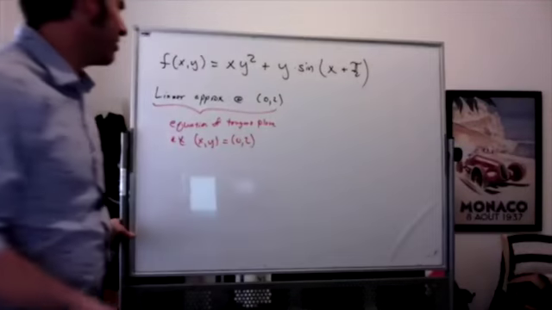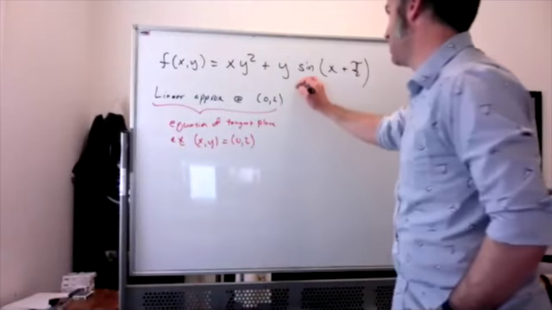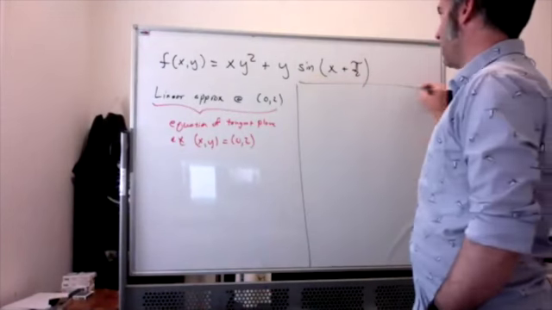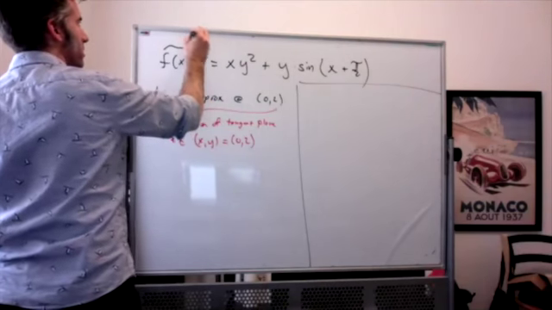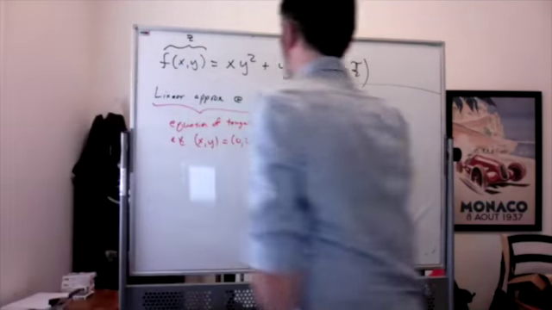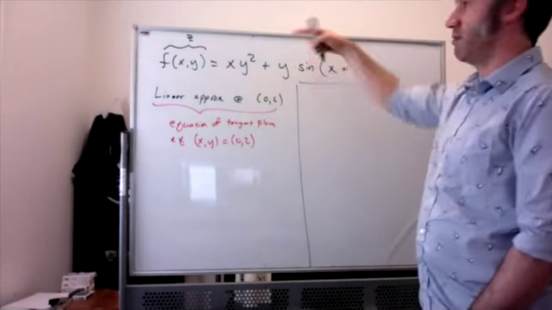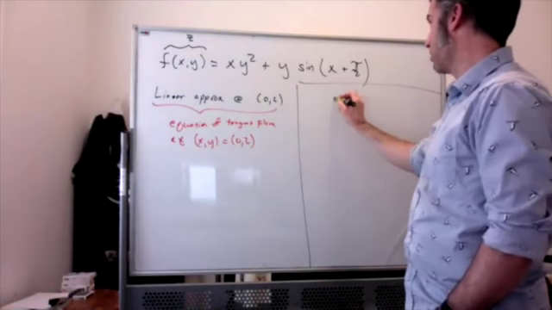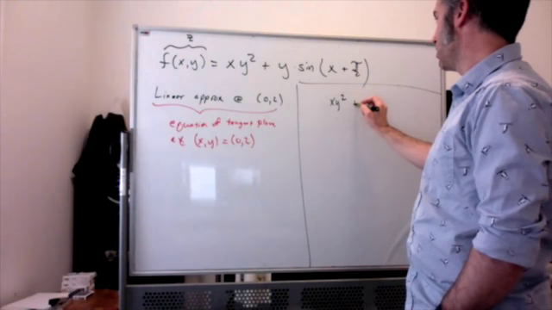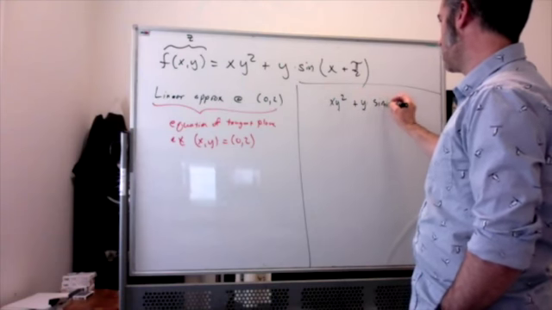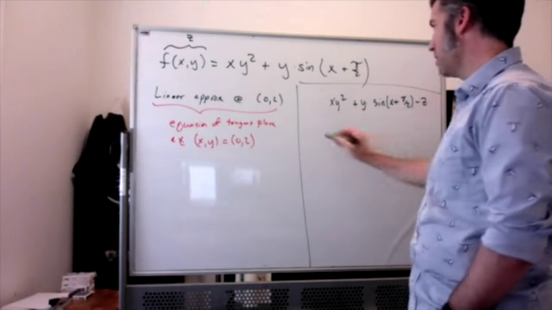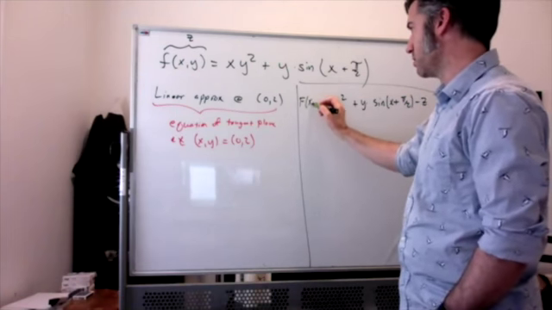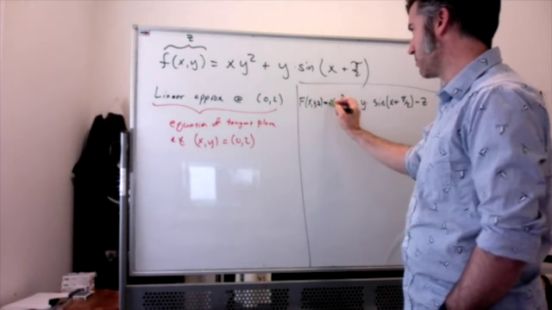I feel like this is straightforward. So I'm going to say this is z. And then I'm going to say that this plus this minus z, so x y squared plus y times sine of x plus pi over 2 minus z, that is my function of x, y, and z.